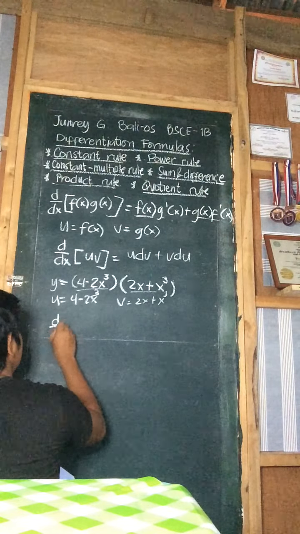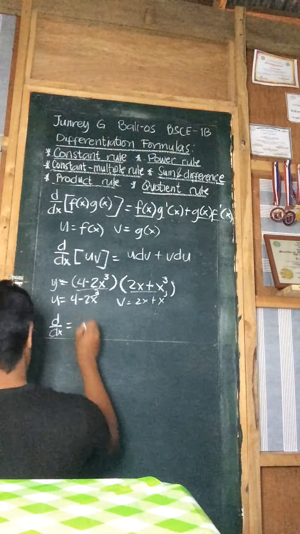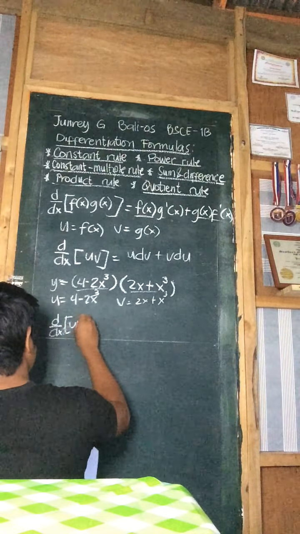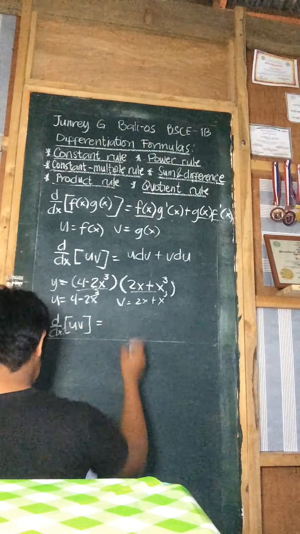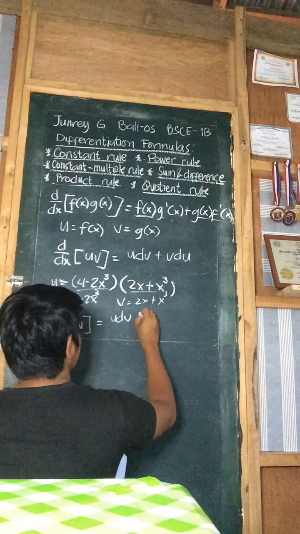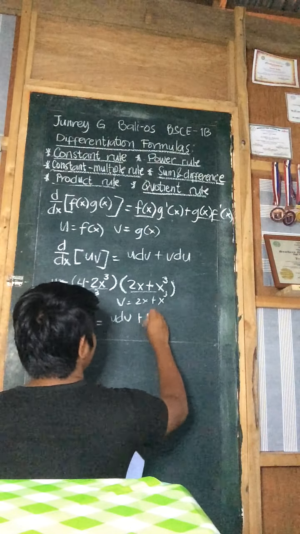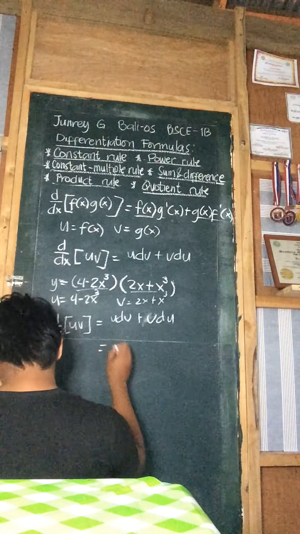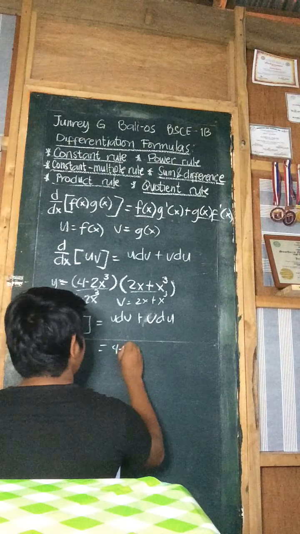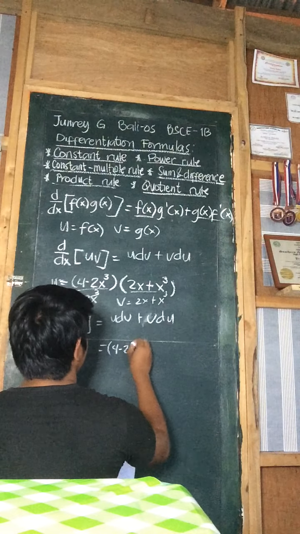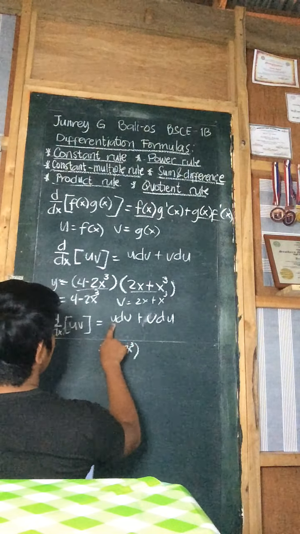Kita pa. d over dx of u times v is u dv plus v du, which is equal to 4 minus 2x cubed. This is the u.